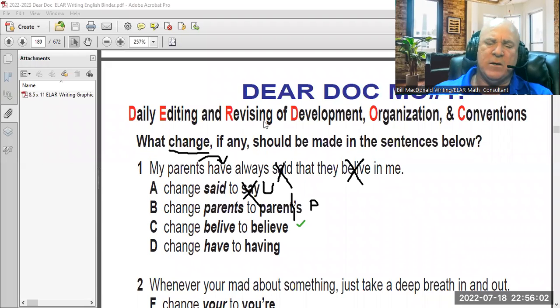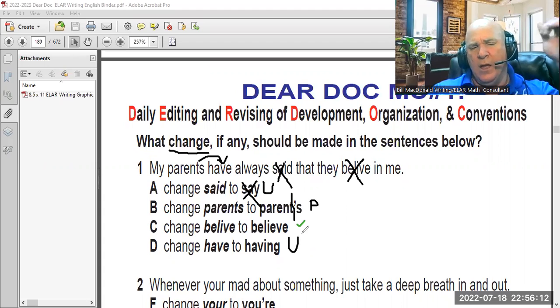Change have to having. That one would be usage, because they're both correct. It just depends on how it's being used. Let's check it out. Capital, my parents have been always said they believe in me. That doesn't sound right, so I'm going to cross off that one.